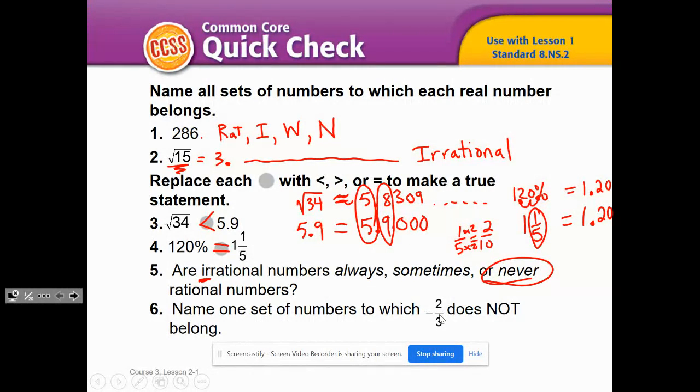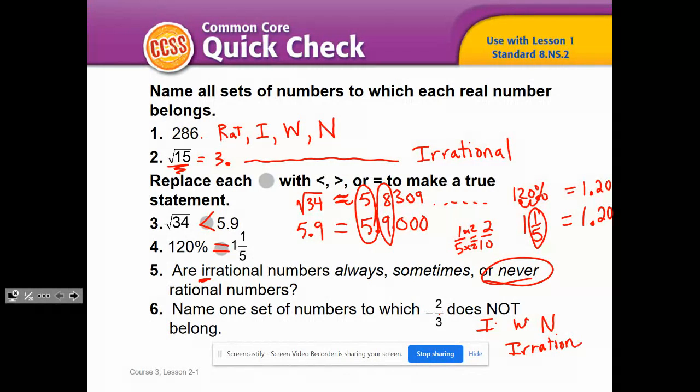Anything that's not whole is not an integer. It's not a whole number, and it's not a natural number. And also, this number is not an irrational number. So those are all possible answers that you could have. It's not an integer, it's not whole, it's not a natural number, and it's not irrational either.